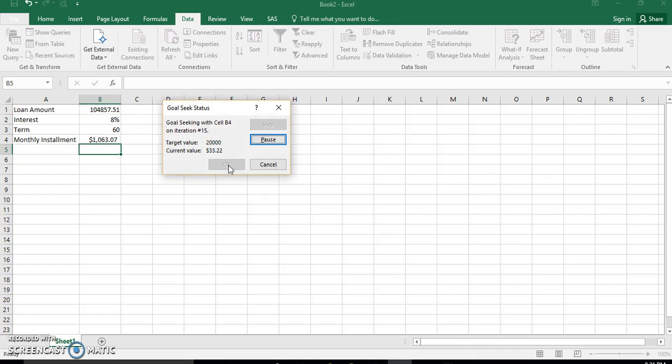So click on OK, and you can see if the interest rate is 8% for 60 months, if we are going to pay 20,000 rupees per month, the amount of car that we can go for is some 9,86,000 rupees. So this is how a backward calculation happens using goal-seek, when you know your output and you have to calculate one of the input values.